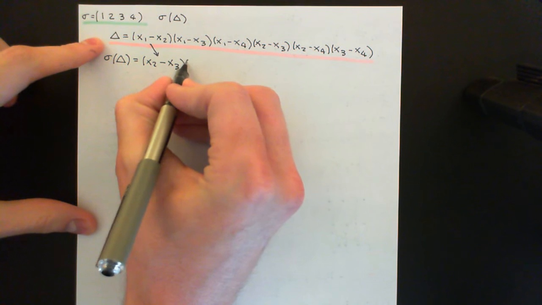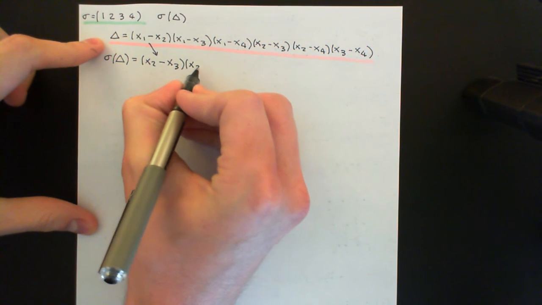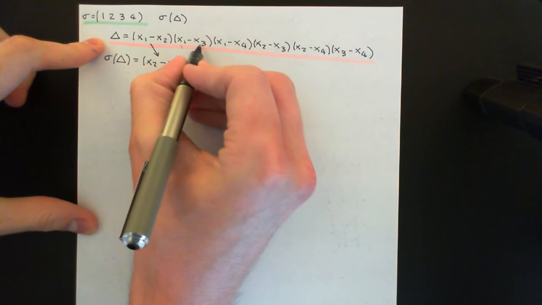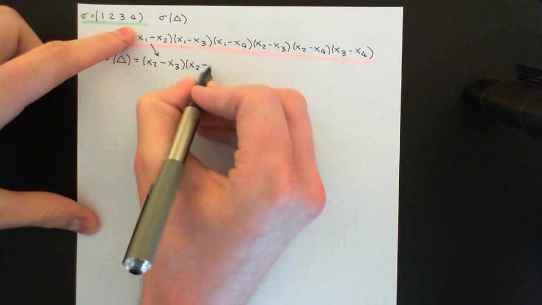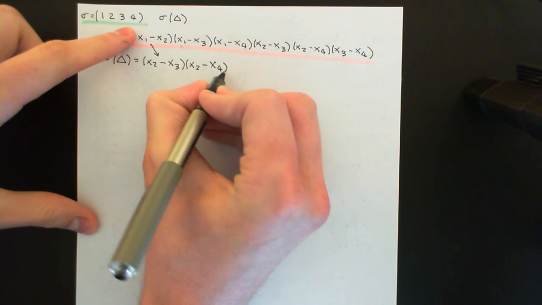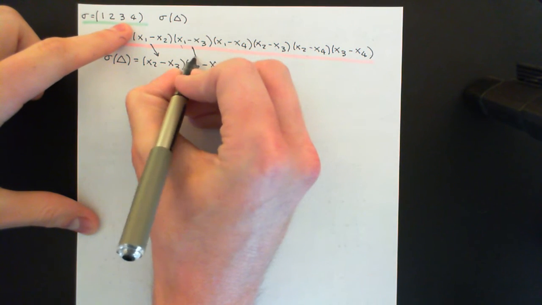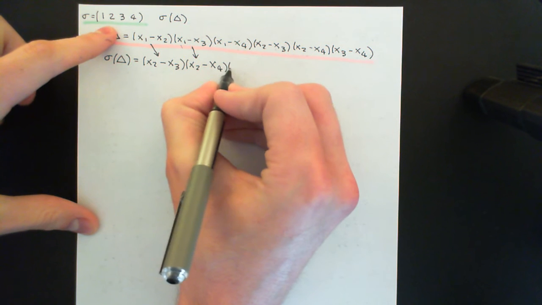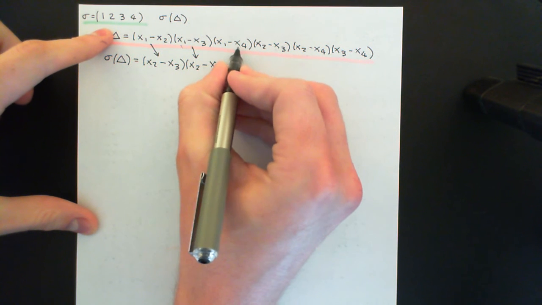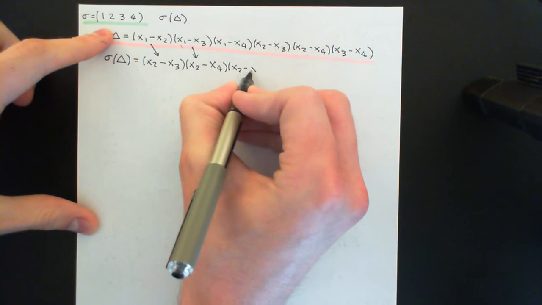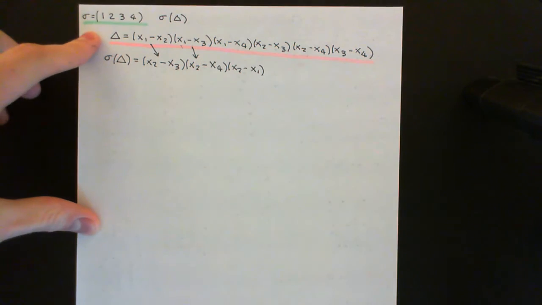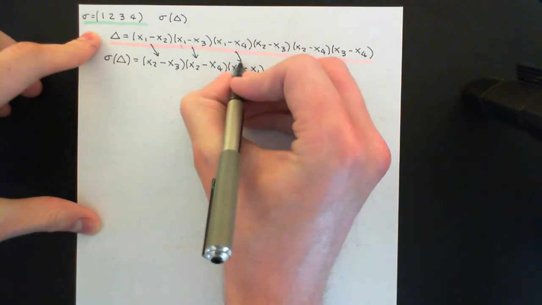Now let's do the second term. Again, when sigma acts on 1, we'll get x2. When sigma acts on 3, 3 will go into 4, so this will become x4. And then next term, again, sigma acting on 1 will give us x2. Sigma acting on 4 will give us x1, so this becomes x2 minus x1. Okay, so that's where that one goes.